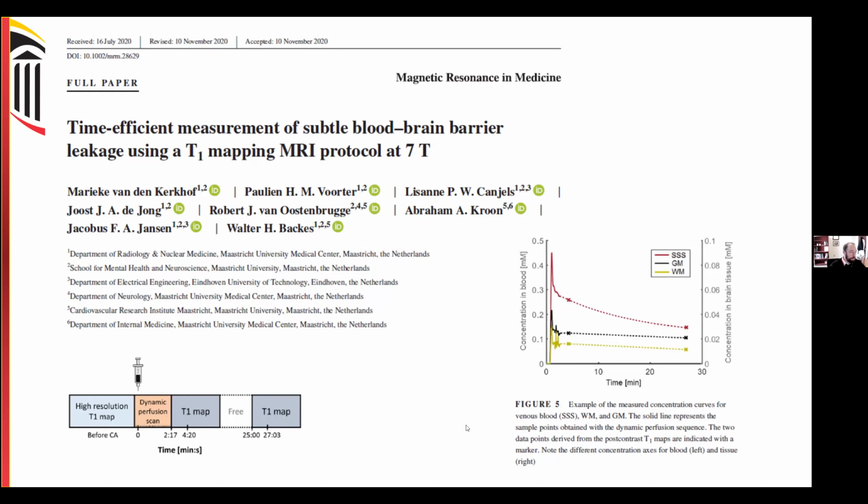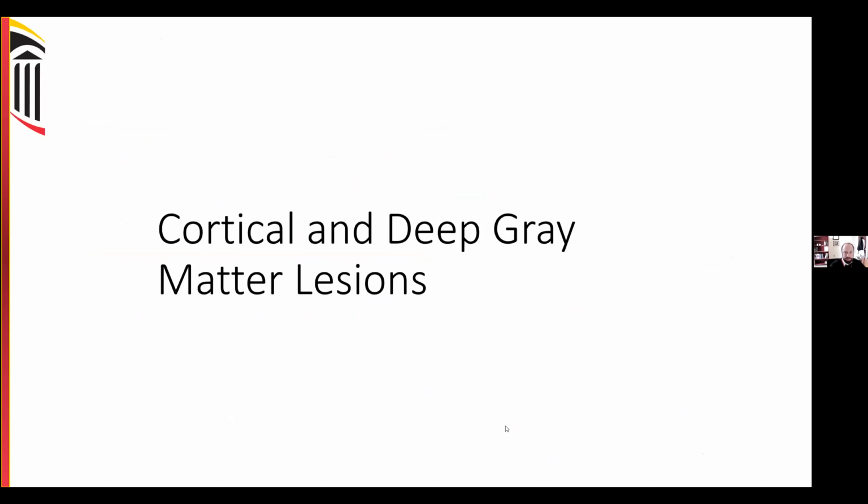And they're proposing this technique as a way to get basic, simple permeability measurements with a shorter, easier sequence to process.